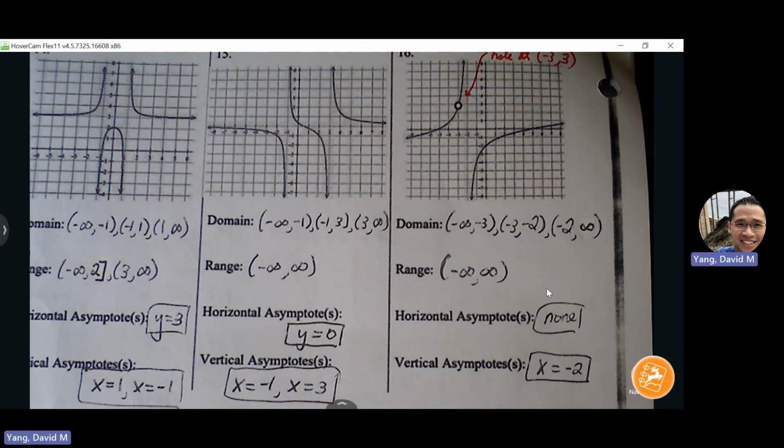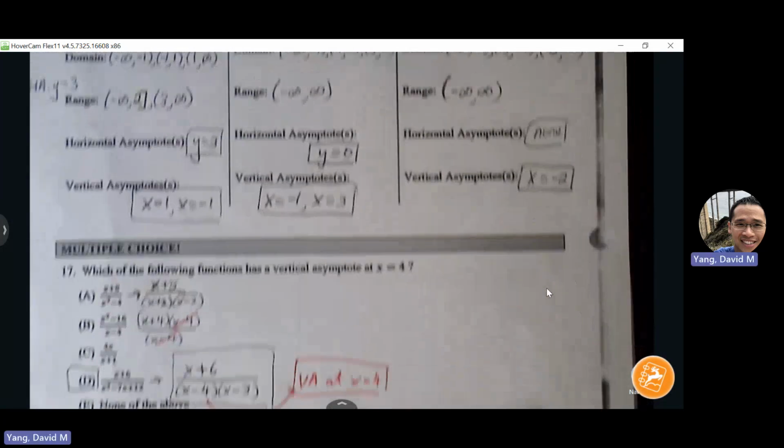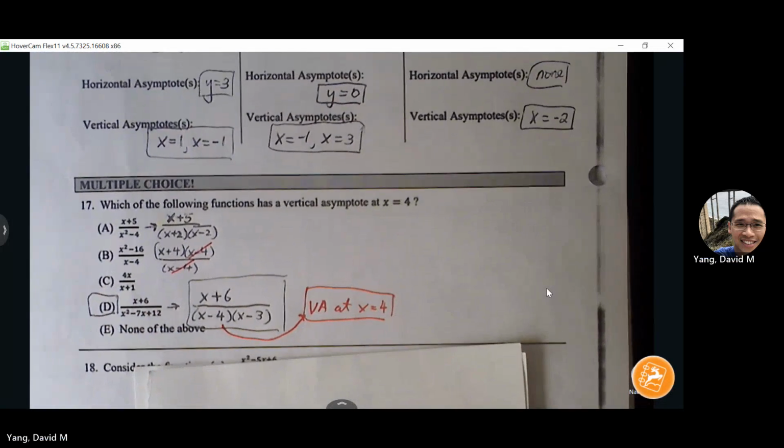Okay, so which option has a vertical asymptote? D. Yeah, D. Now B also has an x minus 4, but there's a numerator that cancels out with it. So for part B, 4 is not an asymptote. It's actually a hole. It's got to be a denominator factor that doesn't cancel out. That is where your vertical asymptote is.